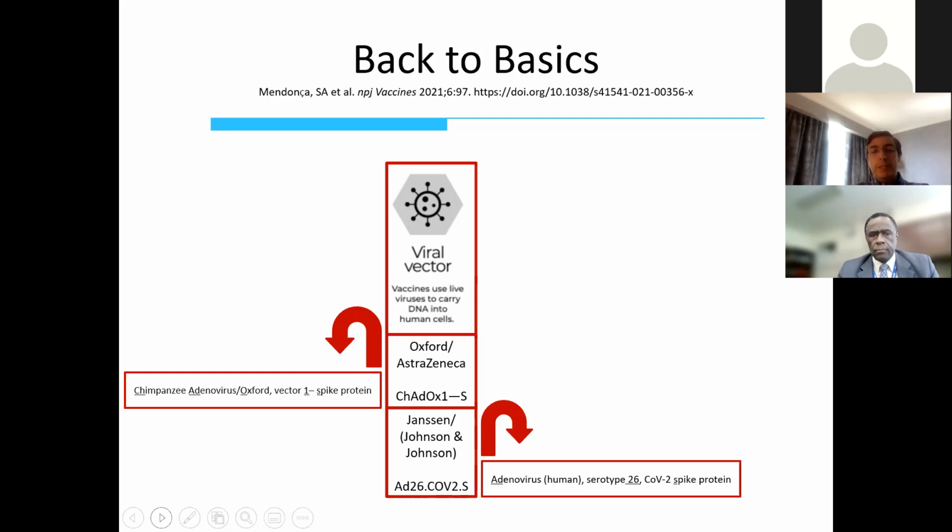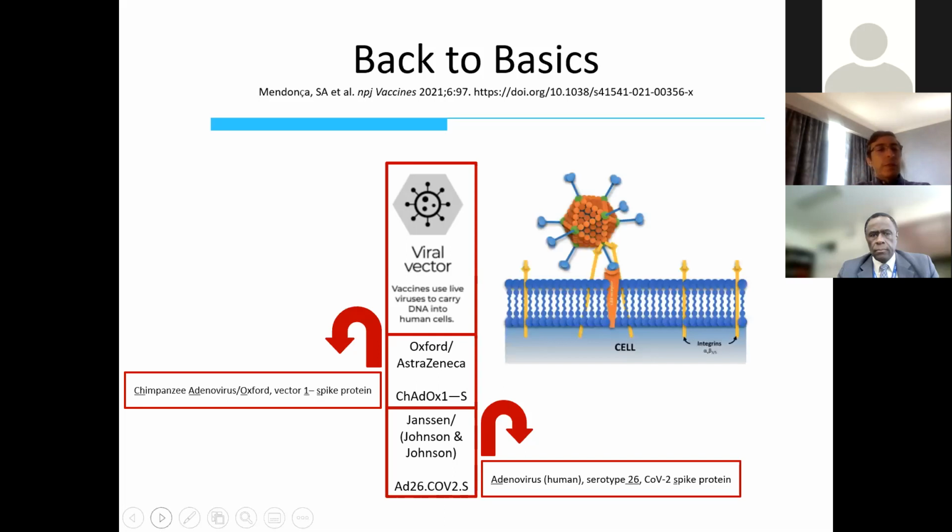And finally, for clarification, this has probably been reviewed throughout the program already: how the viral vector-based vaccines work.